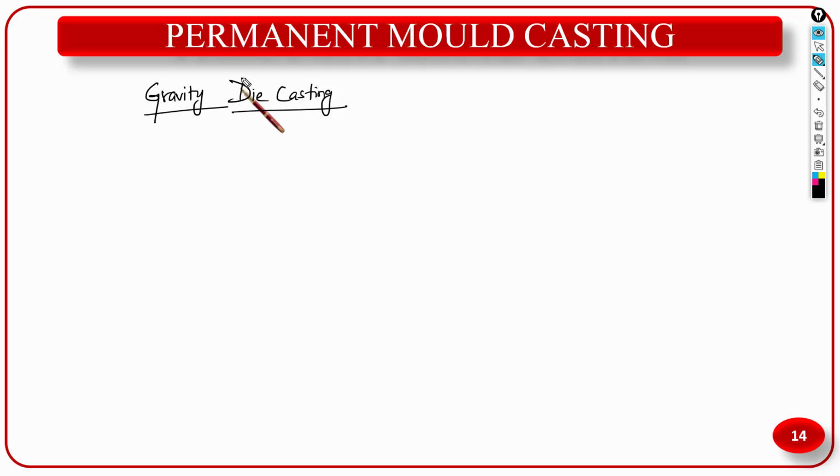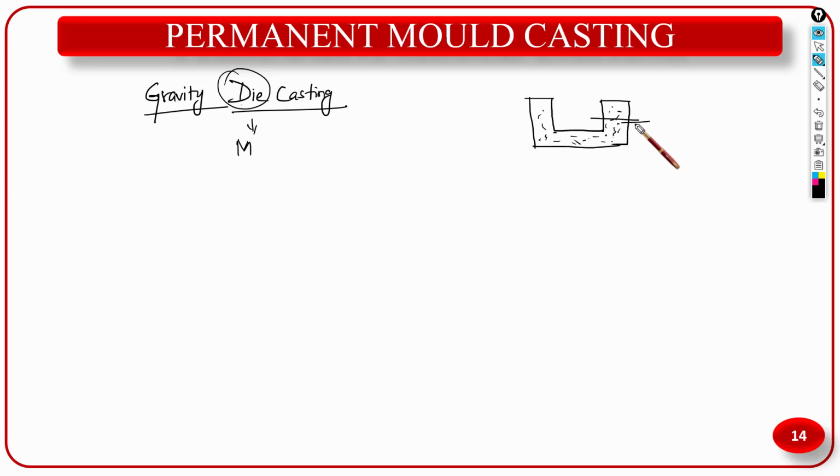What is a die? Like we make a mold cavity, let's suppose this is a cavity. How do we make it? We use molding sand, and by that we make the cavity. Clear?